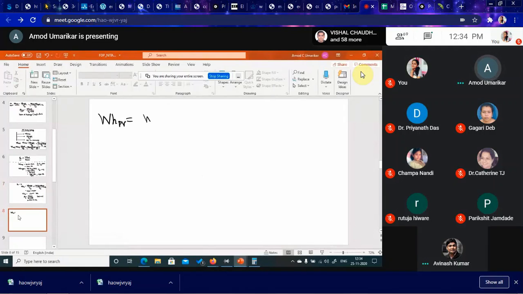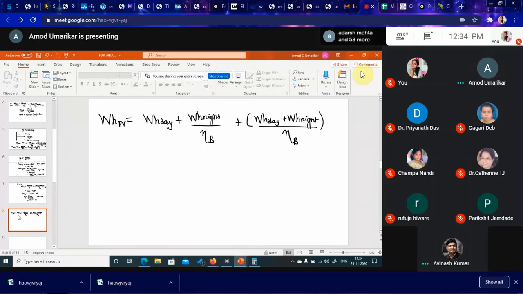So array size is Wh day, again I'll repeat here, upon eta, plus Wh night, day and night, upon eta b, multiply by autonomy upon recharge.